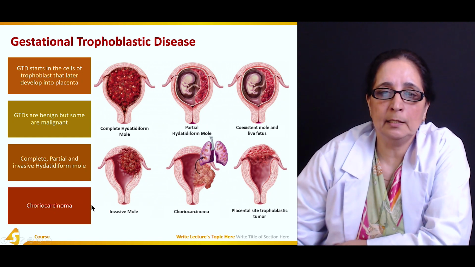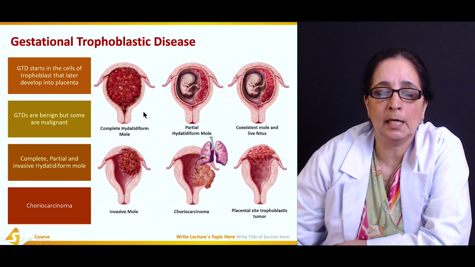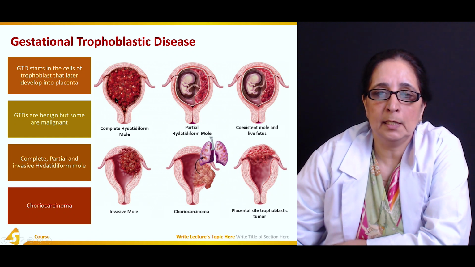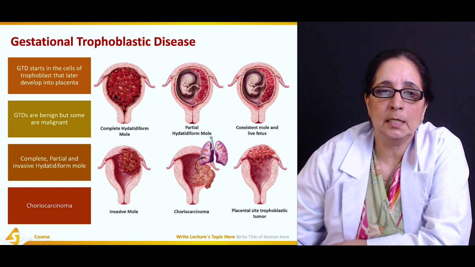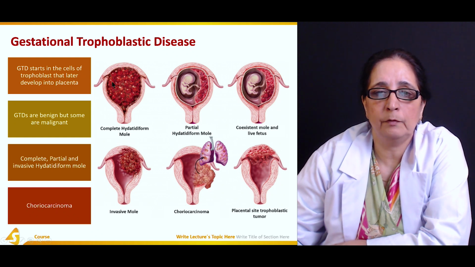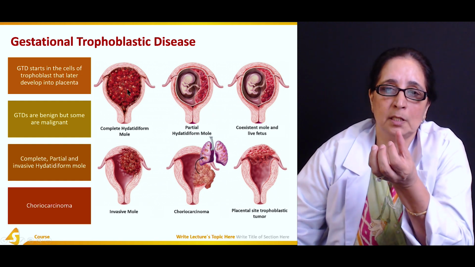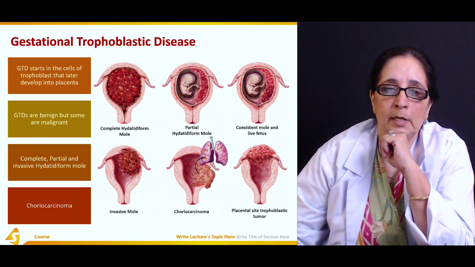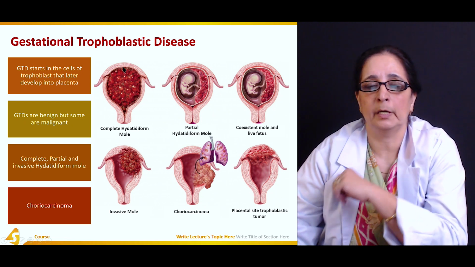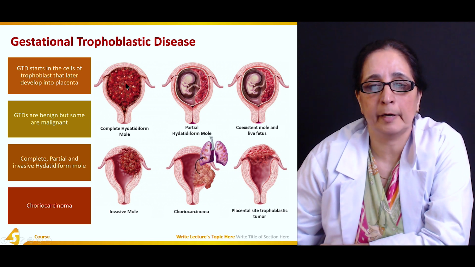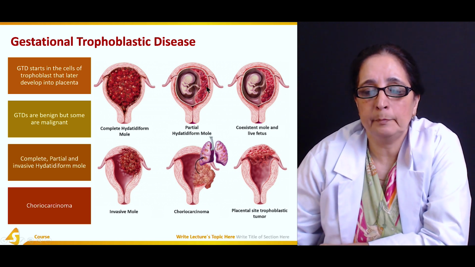If you see in these diagrams, this is a complete hydatidiform mole. In this, the uterine cavity is completely filled with the molar hydatidiform mole, swollen sac-like structures filled with fluid. These are the villi of the placenta filled with fluid, giving the shape of a grape cluster. And this is a partial hydatidiform mole.